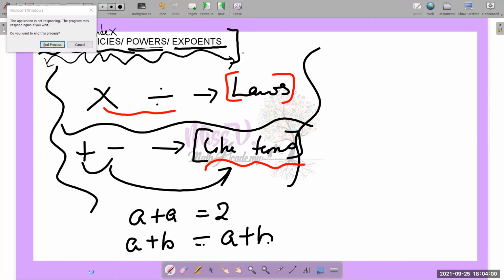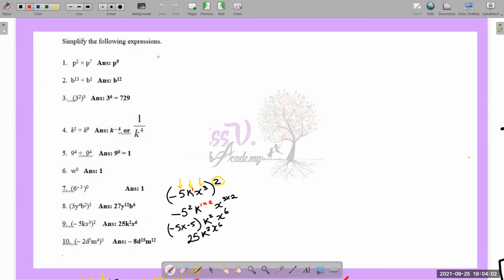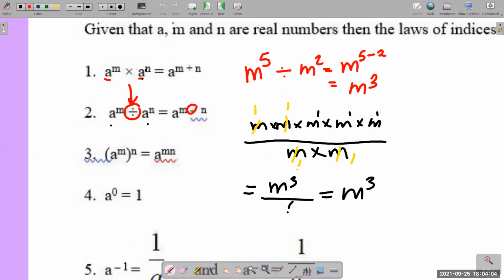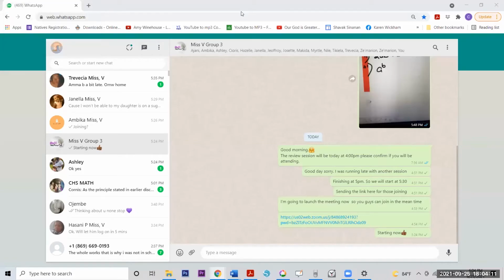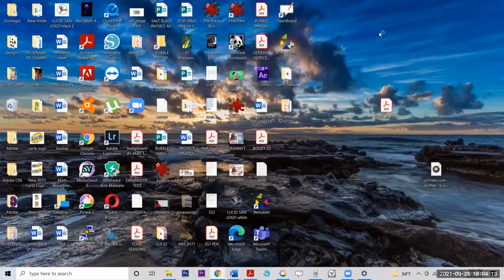Let me see if I could move to the next page because my thing kind of froze. All right, so we're back. We're good to go again. All right, so we did law number 1. We did law number 2. Oh, wow. It just crashed on me. I've been teaching literally all day, so maybe my laptop is overheating. So just give me a moment.